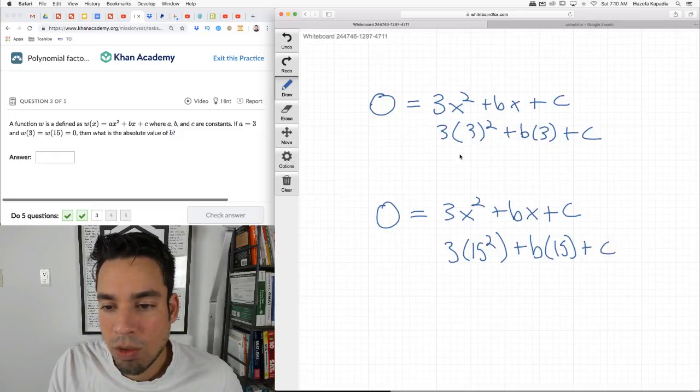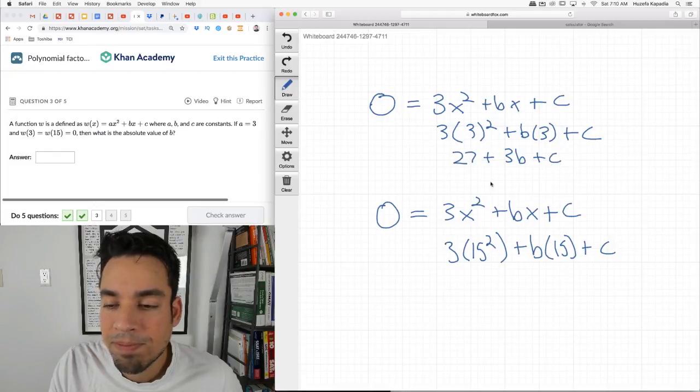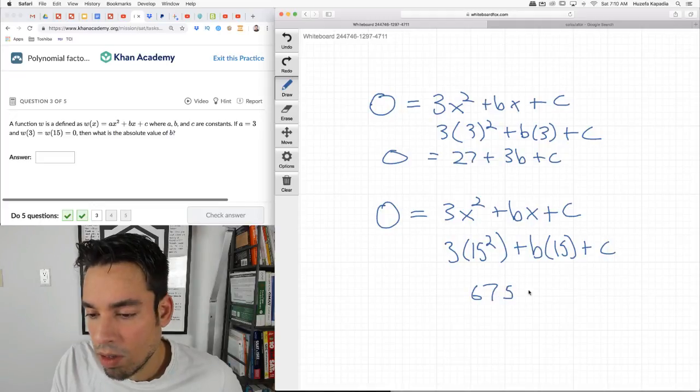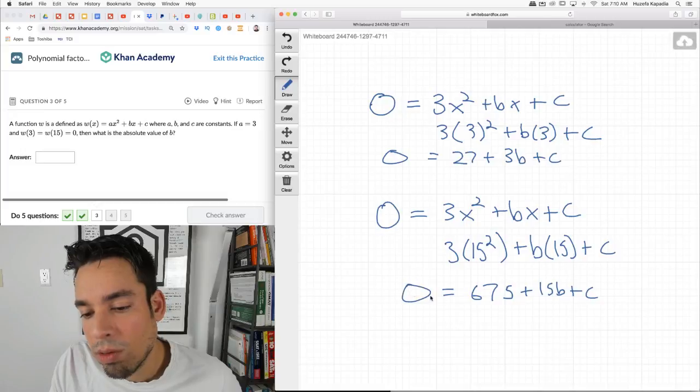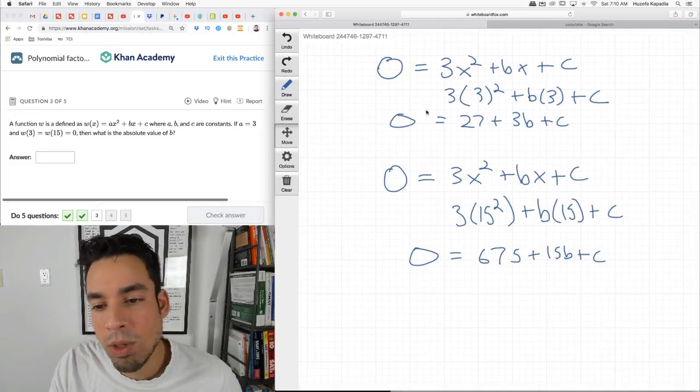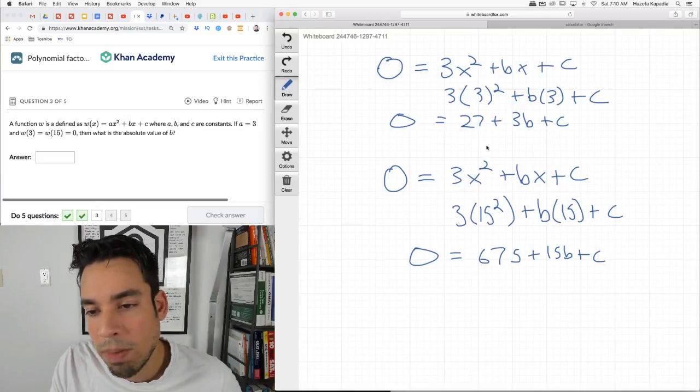So this is 27 plus 3b plus c equals 0. And this is 225 times 3 is 675 plus 15b plus c equals 0. So since these are both equal to 0, I can set them equal to each other.